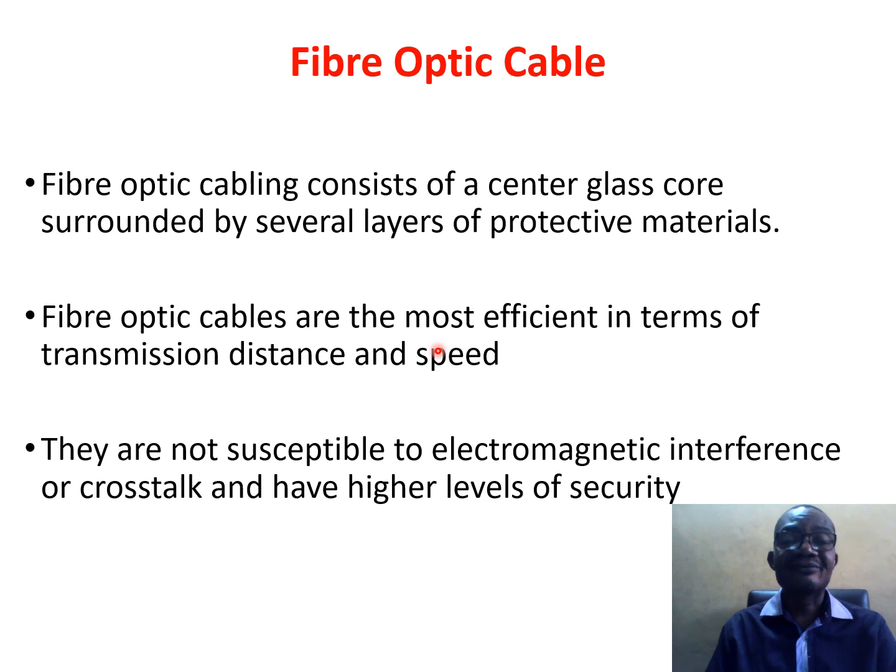Fiber optic cable. Fiber optic cabling consists of a center glass core that is surrounded by several layers of protective material. Usually, fiber optic cables are the most efficient in terms of transmission distance and speed.